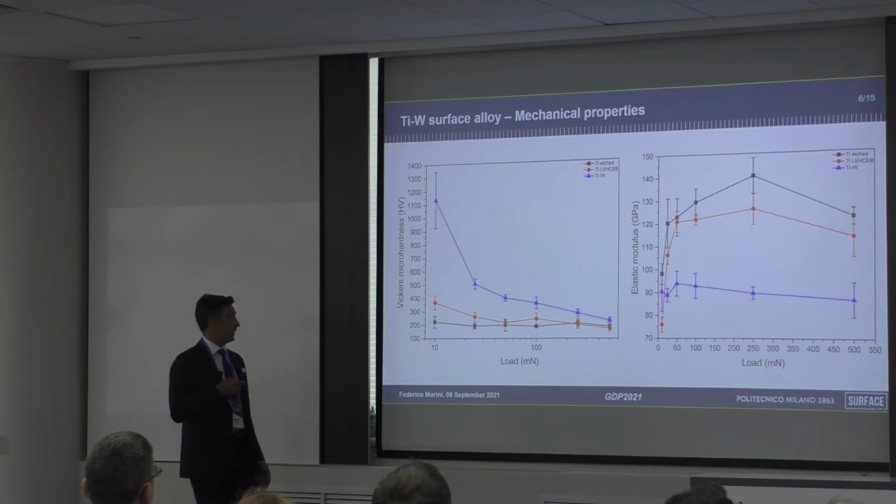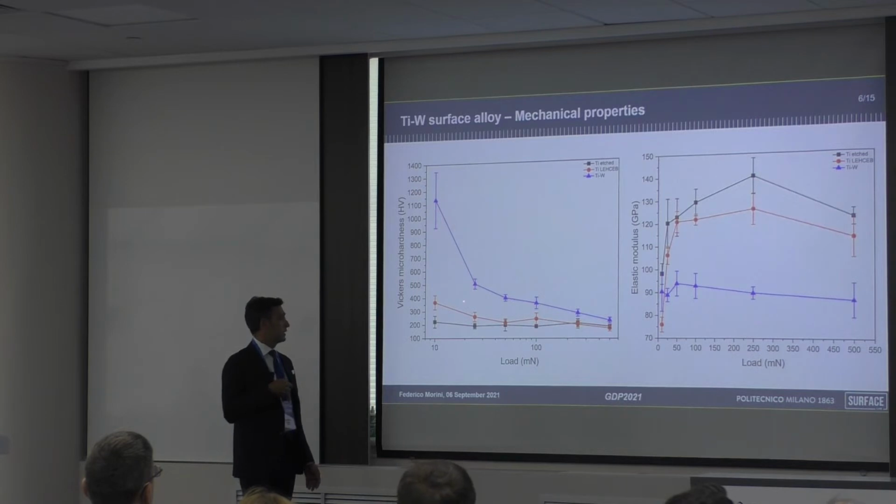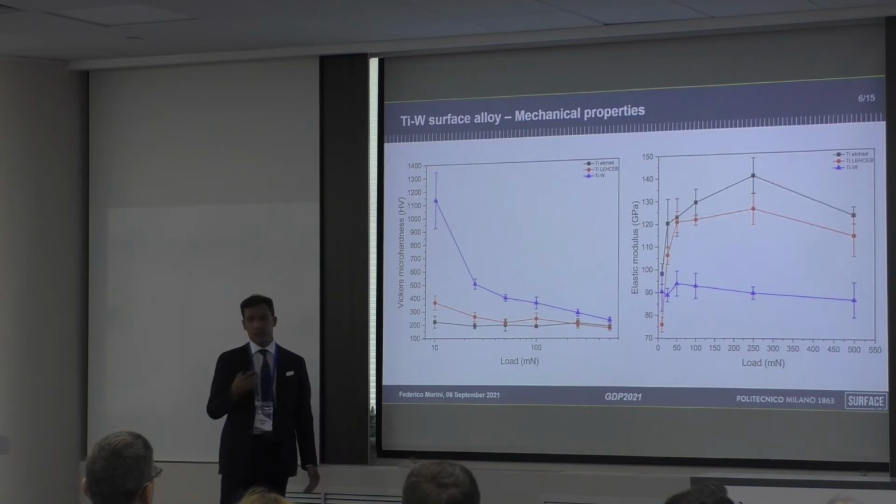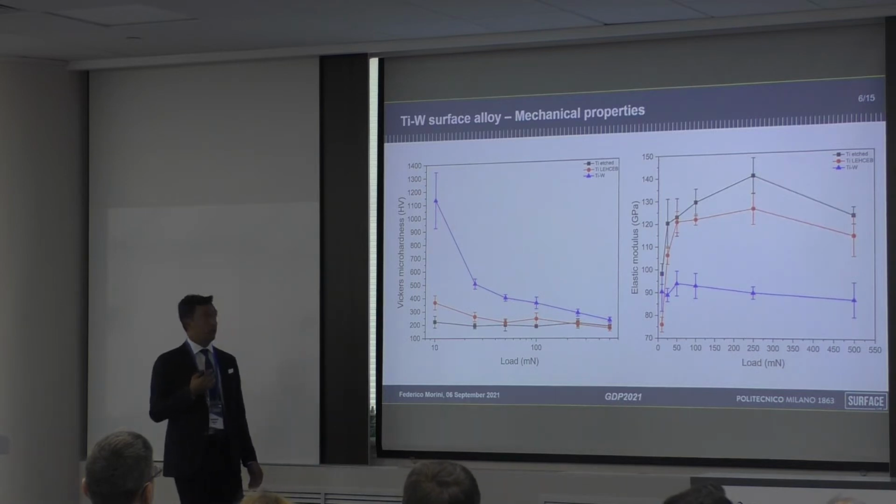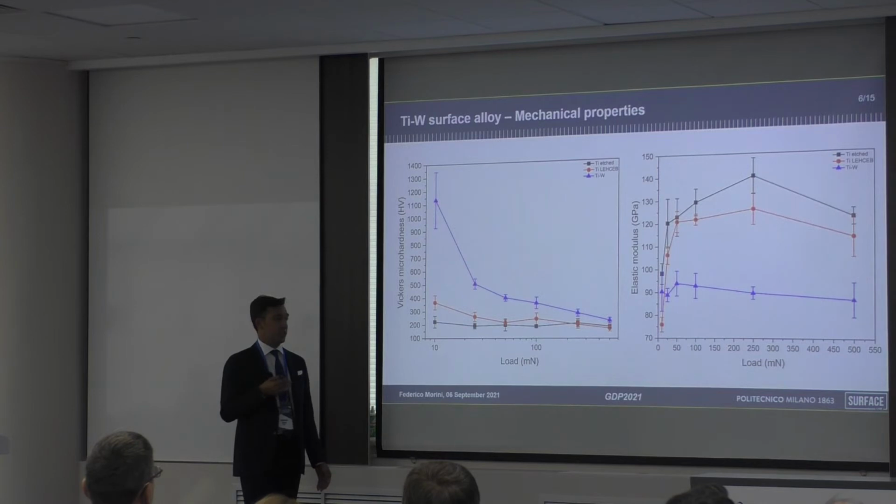In particular, micro-hardness goes from initial values of 250 HV to final results for titanium-tungsten of 1200 HV. So we almost increased the hardness by 6 times.